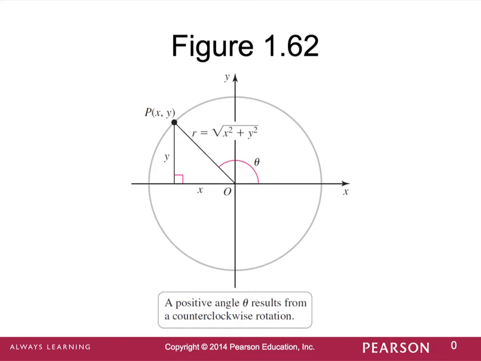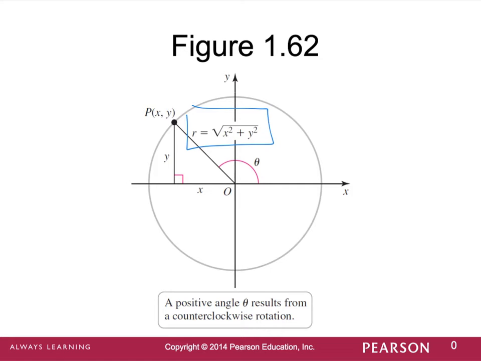Looking at that circle and the triangle on a Cartesian coordinate system, we see that the x is our horizontal, the y is our vertical, and the radius is related to x and y such that r squared is equal to x squared plus y squared, just the definition of a circle. But we can also confirm that through drawing these triangles and using Pythag. And so we see that if we solve for r, it's just the square root of x squared plus y squared.